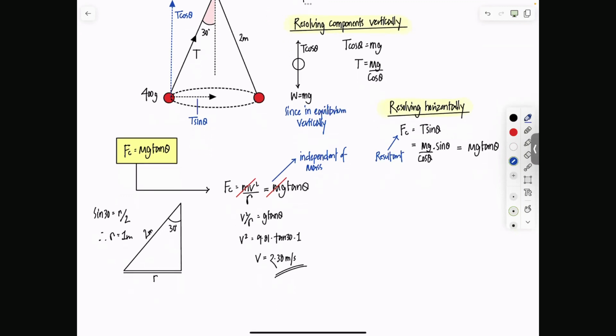And independent of mass, which means, yeah, the only force acting towards the center. Third law. No, it's on the rope, not on the bob. Independent of mass, which means mass has no effect.